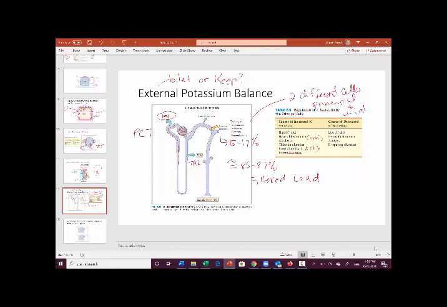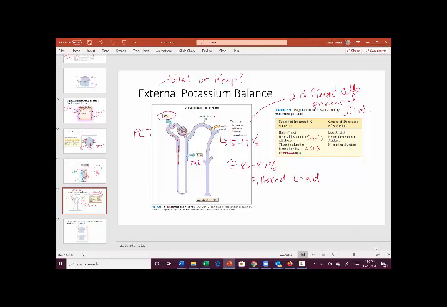And this means we're going to have more potassium pumped into the cells, increasing the intracellular potassium concentration, and this leads to an increased driving force for potassium secretion. So that is another reason why diuretics can lead to more secretion and hence excretion of potassium.